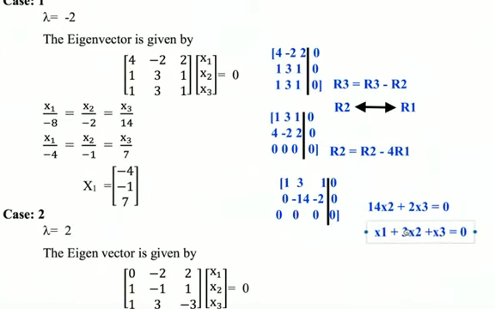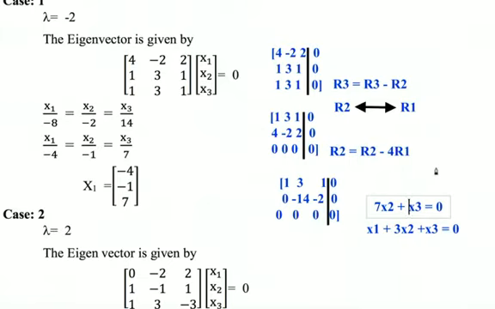These two are the equations. Now you have only two equations for three unknowns, so you need to assume one particular value for one variable, either x1, x2 or x3. Divide the whole equation to get 7x2 plus x3 equals 0.